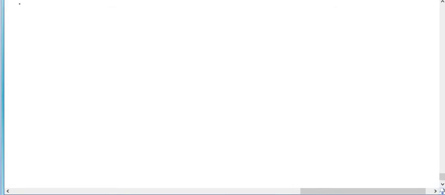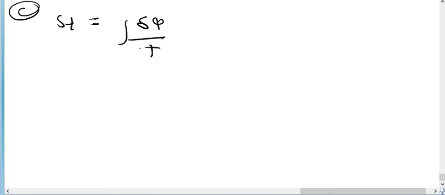Now we are asked to find the entropy generated in that process, applying the second law of thermodynamics. In the tanks, what will be the entropy transfer? The entropy transfer in the tank will be equal to the integral of Q over the temperature.